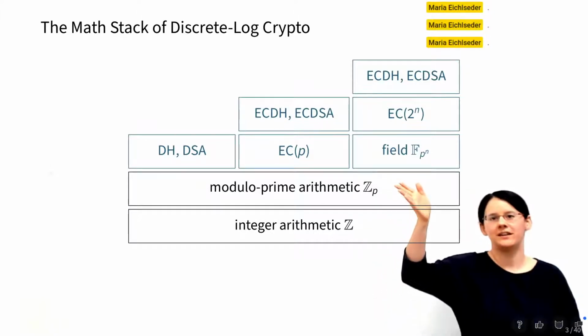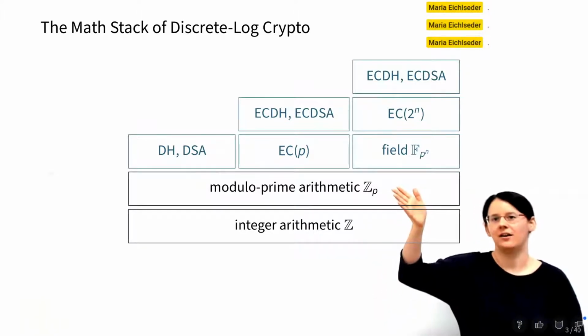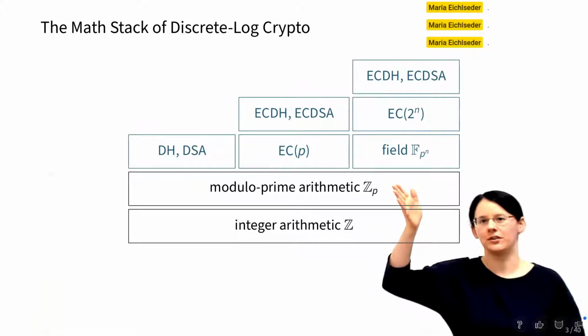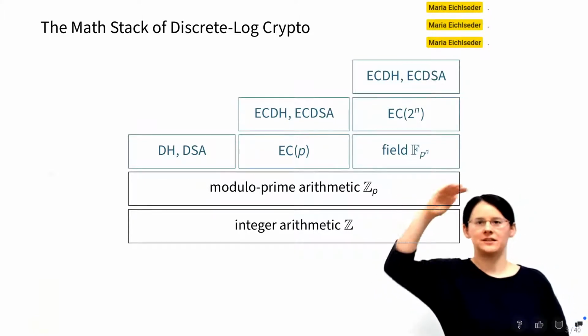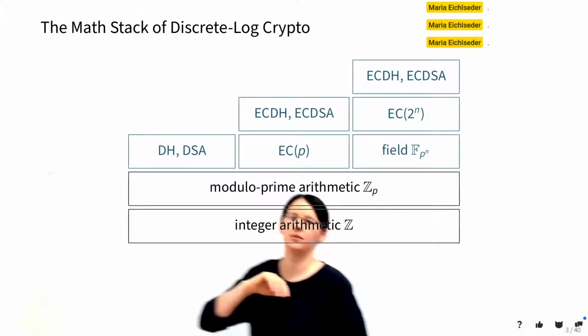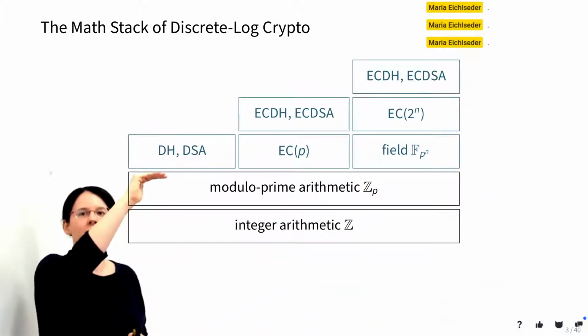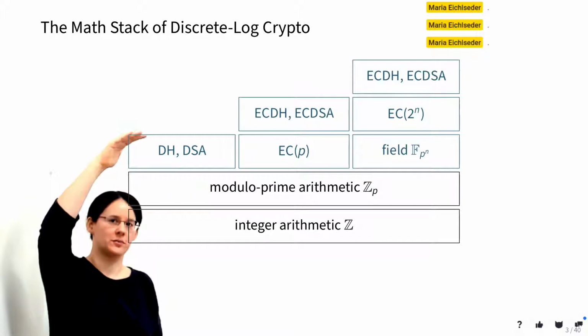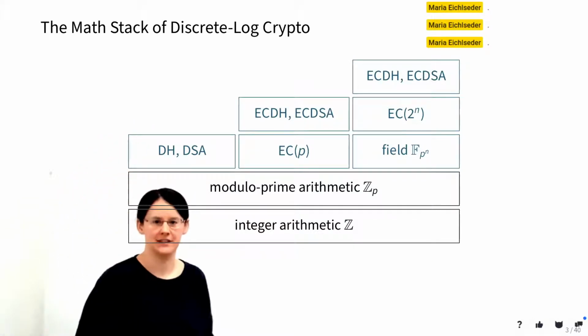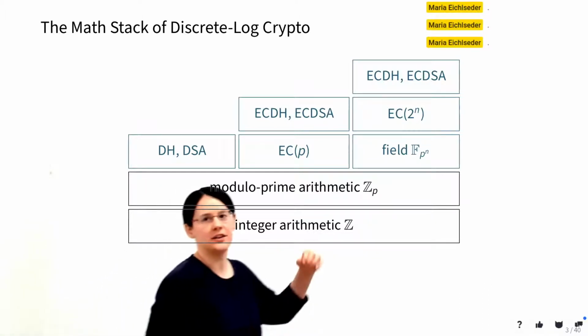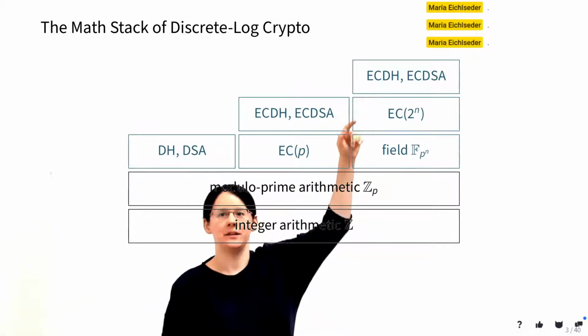You have also known for quite some years how to compute modulo a prime number, and we recapped it last week. This is the basis where we are, and the good news is that where we are so far is already sufficient to describe some of the crypto systems, namely basic Diffie-Hellman and the digital signature algorithm, for example. However, it is not sufficient to describe elliptic curve variants.